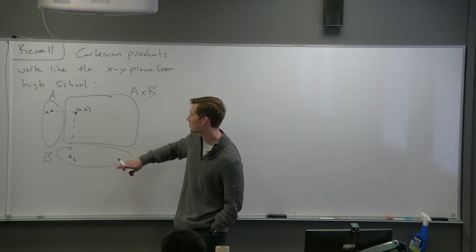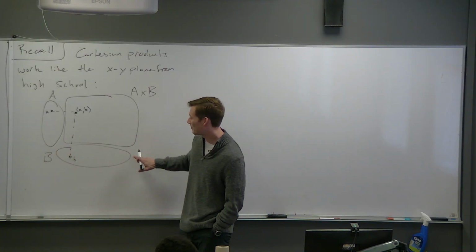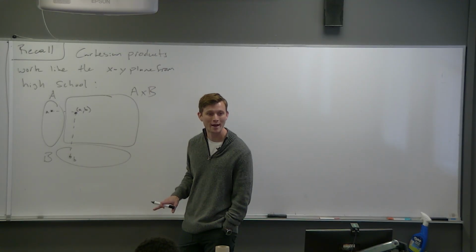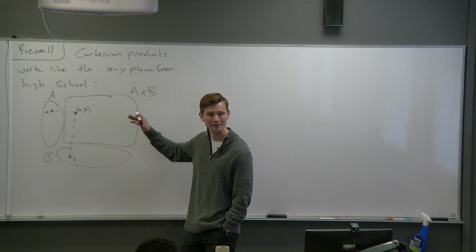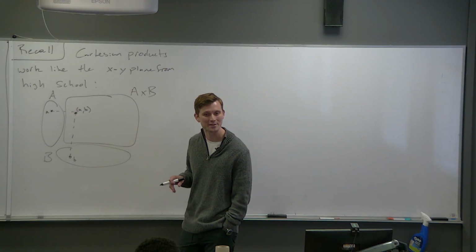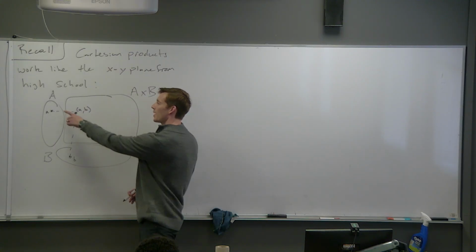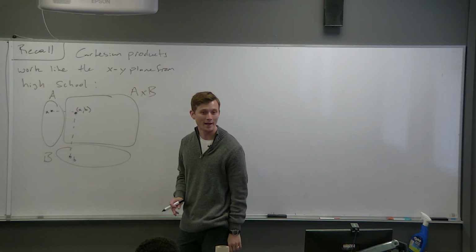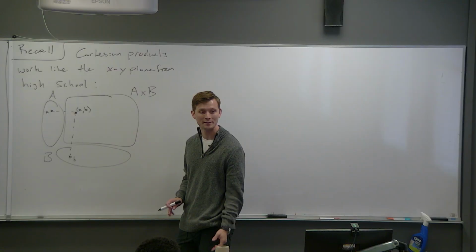So it's not the case that you can automatically produce the same picture if you tried to write out what the product looks like in this sort of pictorial representation. But if you want to understand what the product is, whatever way you happen to choose to line up the things in A and the things in B, if you line them all up, you can just match it up exactly like this.